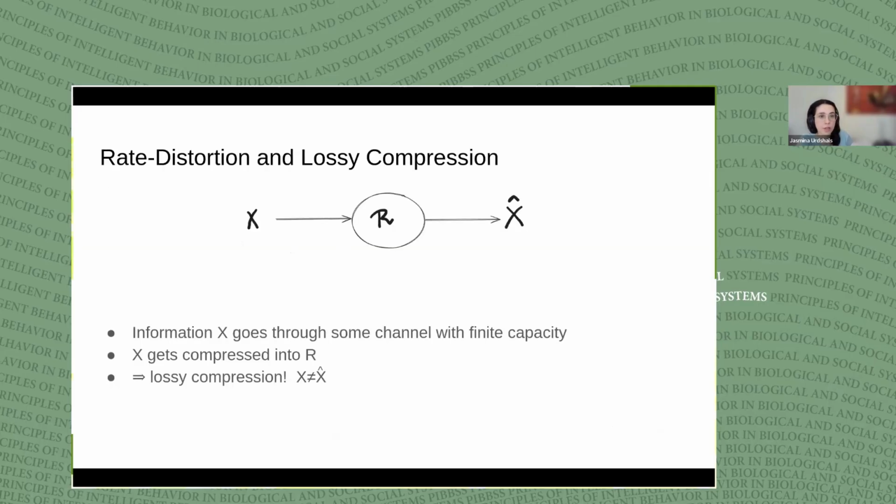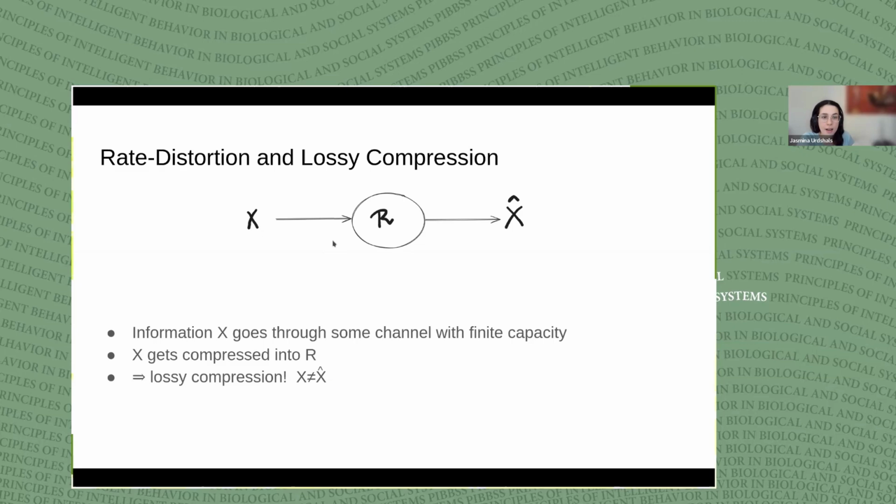So rate distortion. We can look at this very simple sketch here, and we start with an original information source, which I denote here by X. This can be a string or something else.